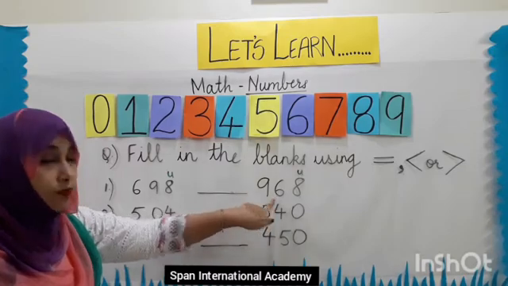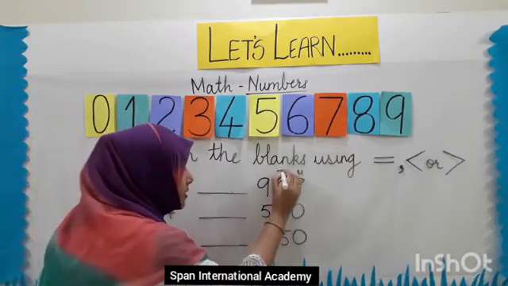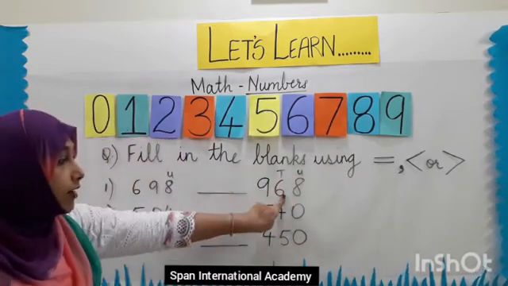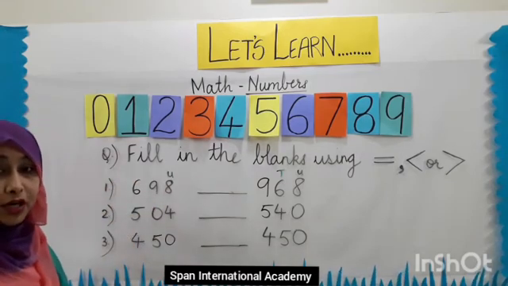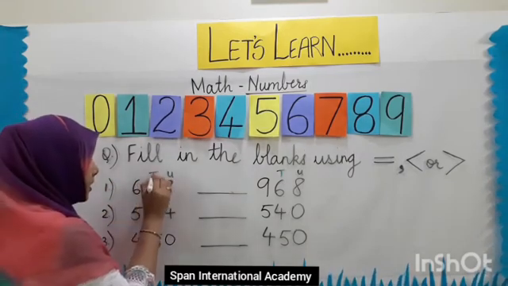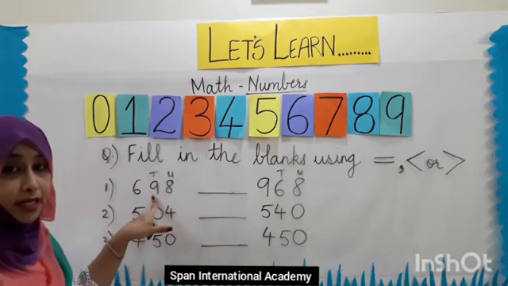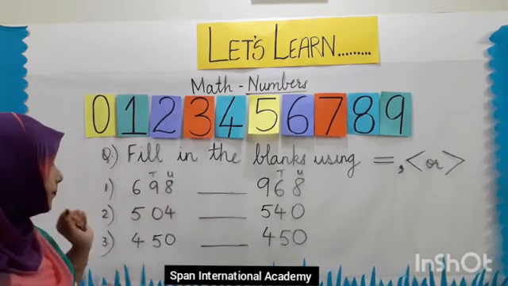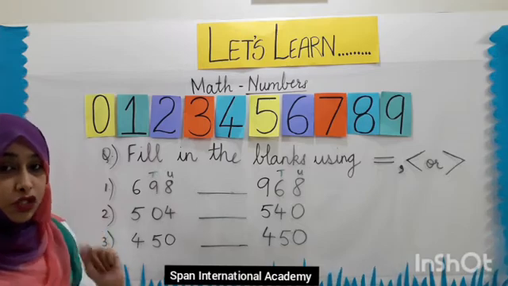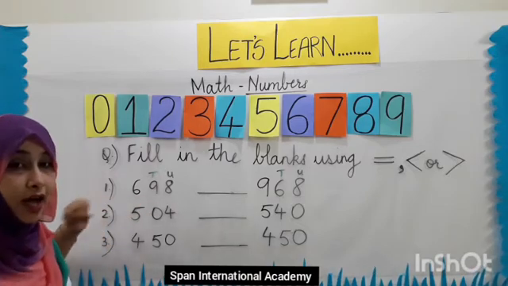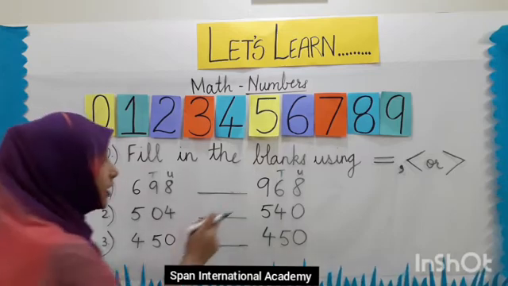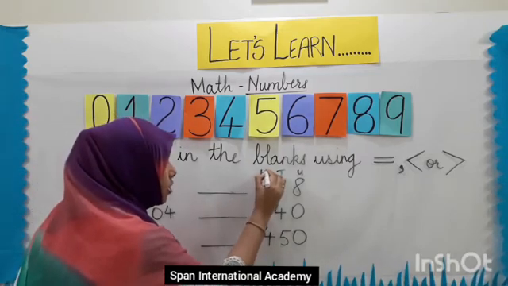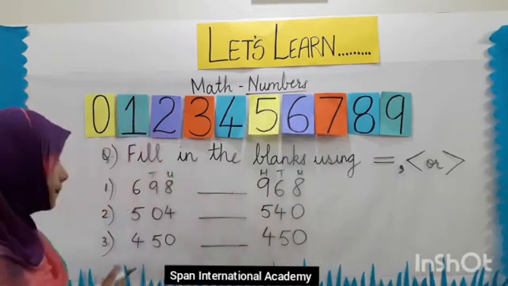So, I move to the tens place. I have number 6 here. And here, I have number 9. Yes. So, maybe this might be my greater number. But to assure ourselves, I need to look at the hundreds place. So here I have 9 in the hundreds place.